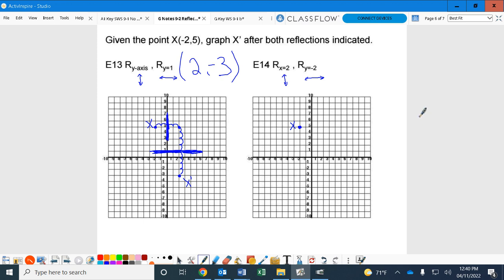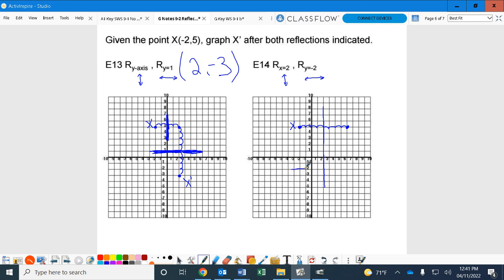Okay, and our last one today, we are going to be reflecting across a vertical line at x equals 2. Here's a vertical line at x equals 2. That one is going to be 4 away from that. So I go 1, 2, 3, 4 on the other side of it. There's my layover spot. It's just temporary. I'm not staying there. Then I'm going to reflect across a line that is horizontal at -2.